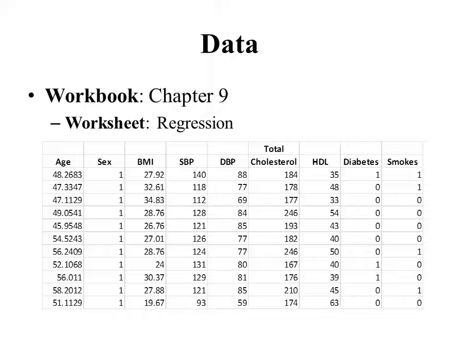The Excel guide contains a bunch of data which I've already entered for you in the workbook Chapter 9, in the worksheet regression. We have here information from, I think, 40 different people.